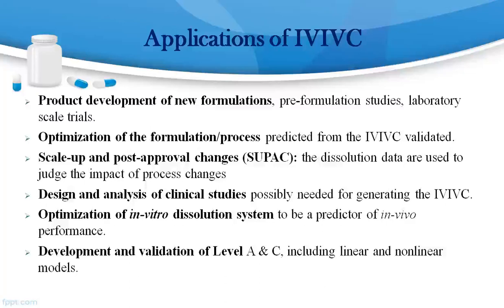Next is design and analysis of clinical studies possibly needed for generating in vitro in vivo correlation. Optimization of the in vitro dissolution system to be a predictor of in vivo performance. Next is development and validation of level A and C, including linear and non-linear models respectively.